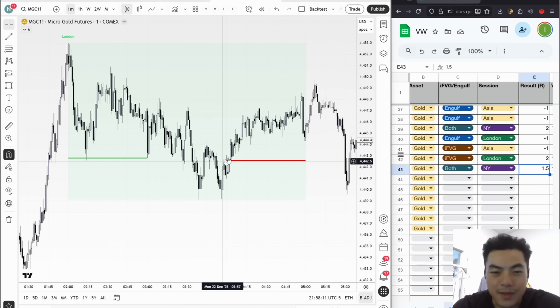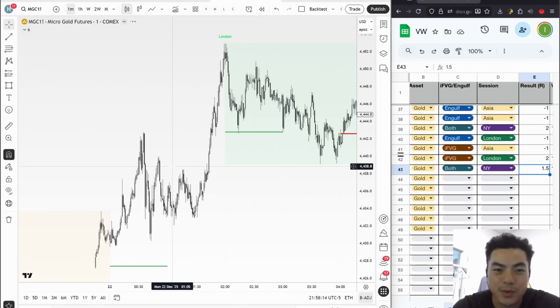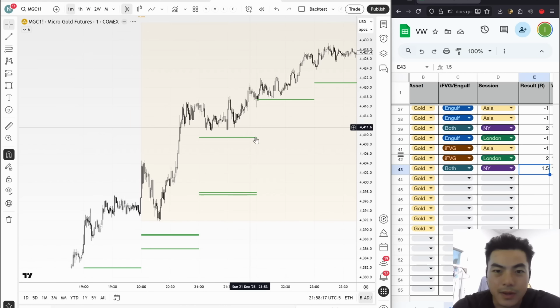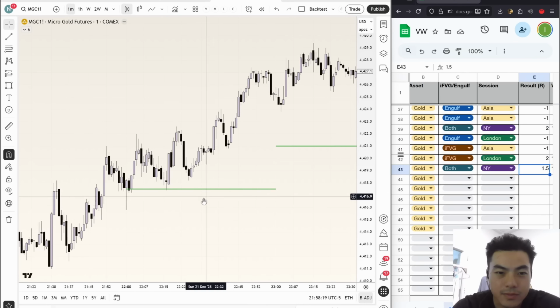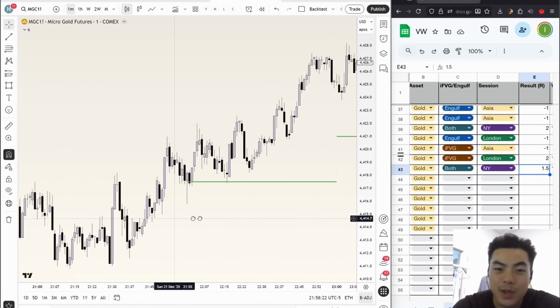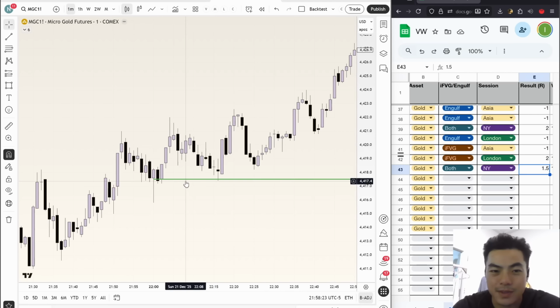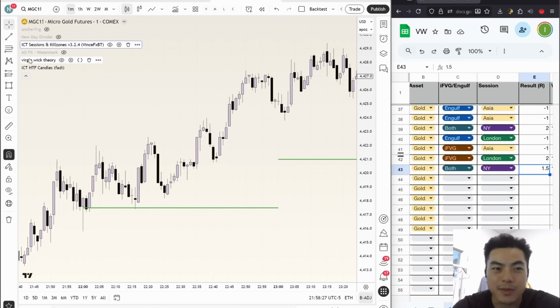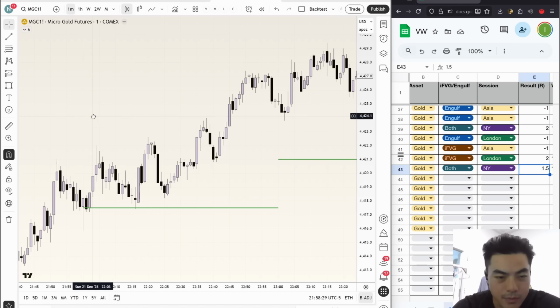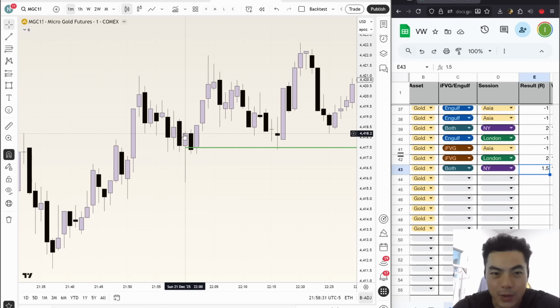London here, nothing there, no POIs, presenting the entry model. Asia. We do get one here actually. So you can see this bullish POI created by our lovely indicator. So we get a close underneath it and then an engulfing candle right after it.